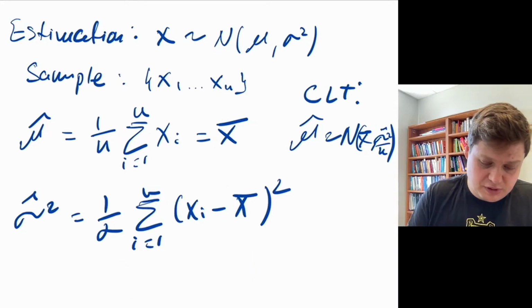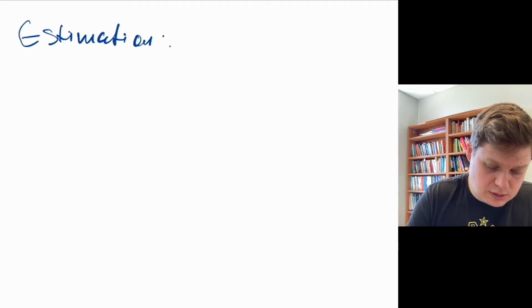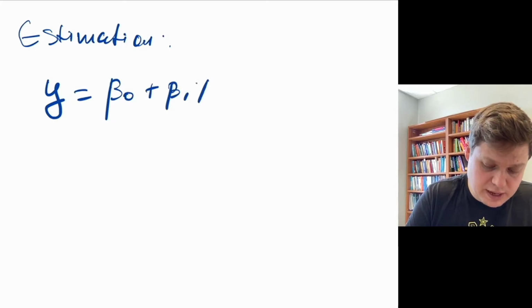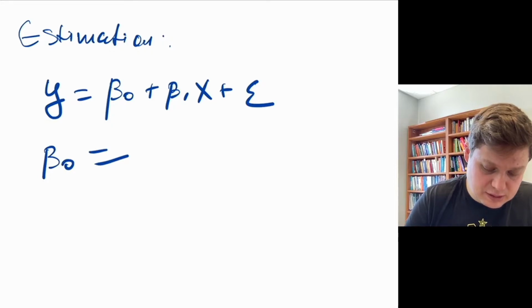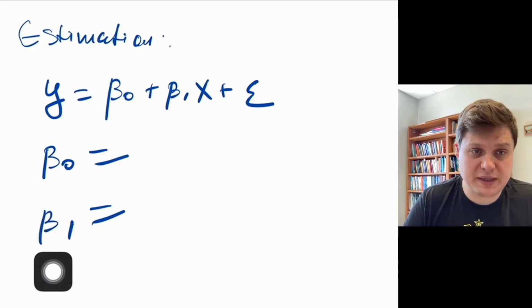Another example of estimation, you remember, was when we talked about the linear model. When we had the linear model y equals beta 0 plus beta 1 x plus epsilon, we were able to write analytical formulas for beta 0 and beta 1.